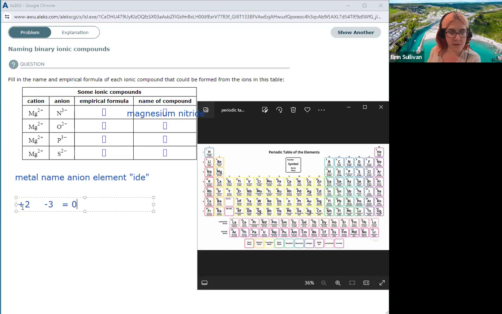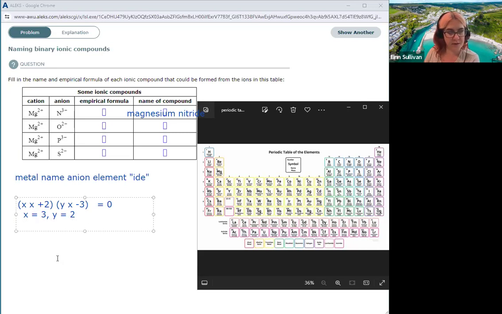If you like to do it algebraically, x times +2 plus y times -3 is equal to 0. So what have x and y got to be? Hopefully you can work out that x must be equal to 3 and y must be equal to 2.